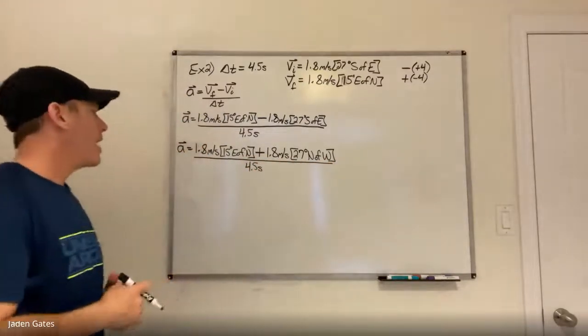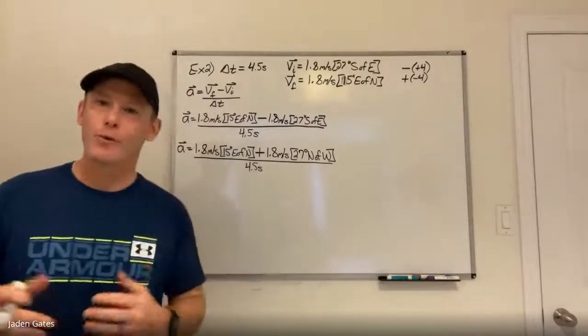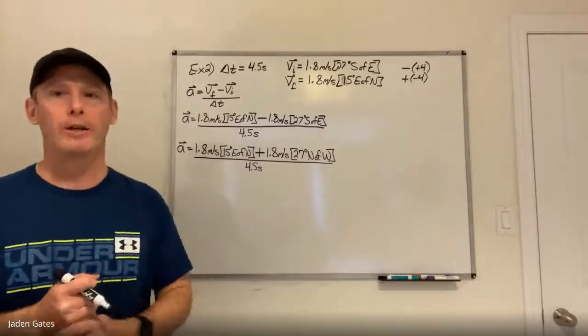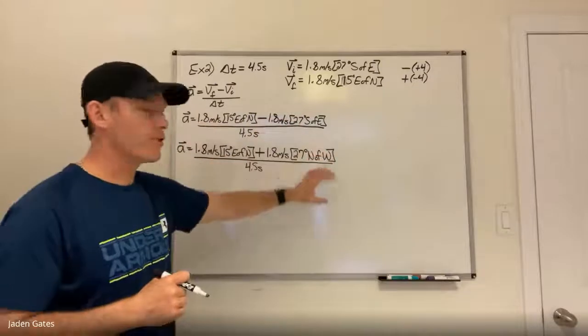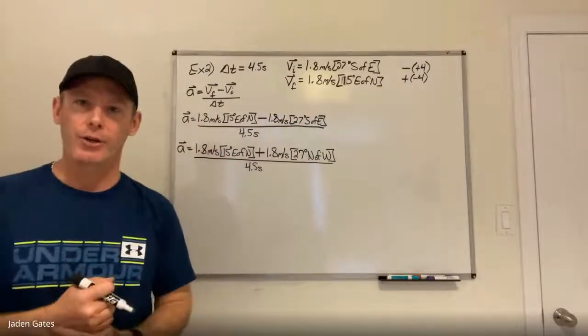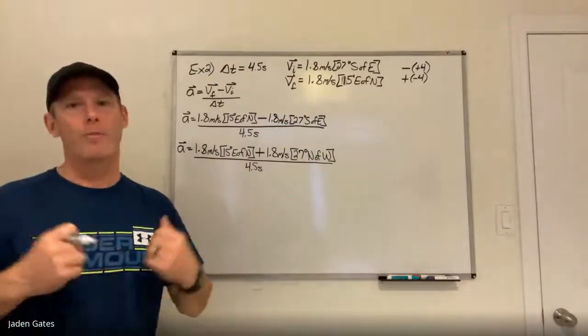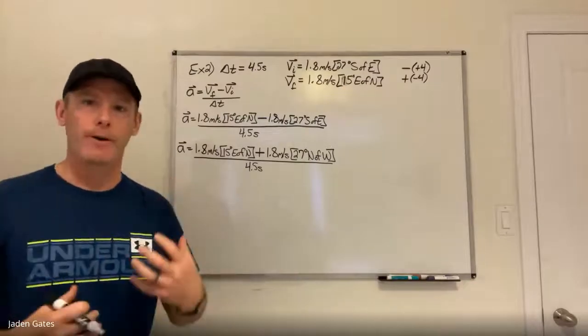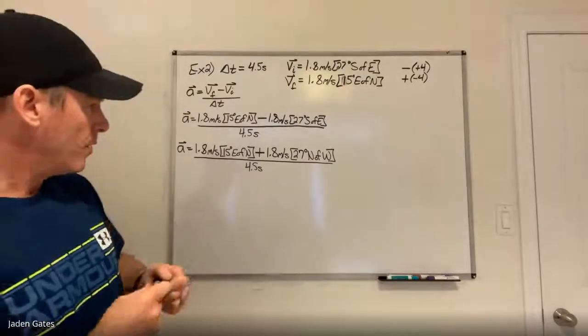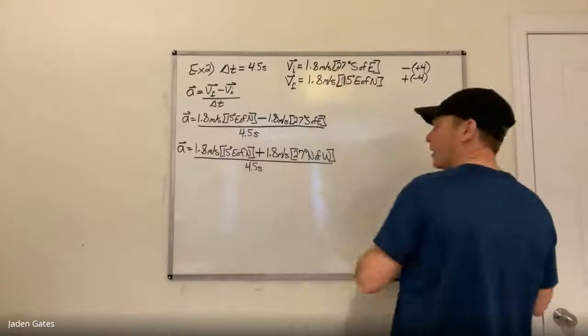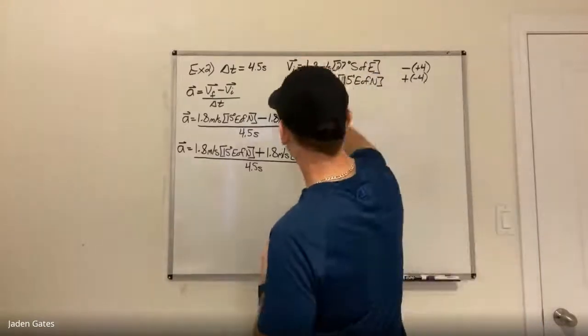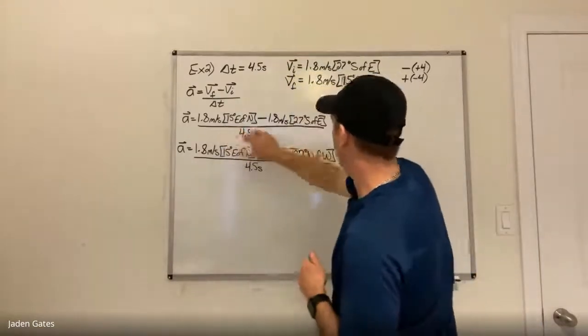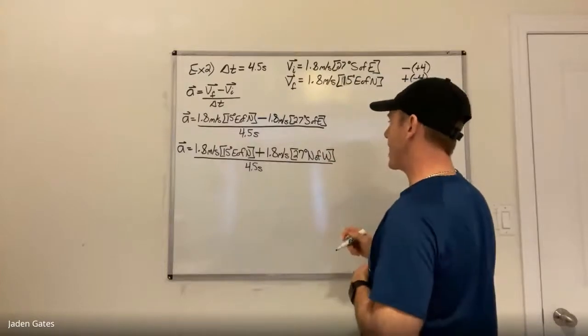For this, I'm going to use trigonometry. I've got my two vectors, so I'm going to do the same thing I did earlier today: get the horizontal components, get the vertical components, put them all together. VF is still the same, but this VI is now the opposite, negative VI.